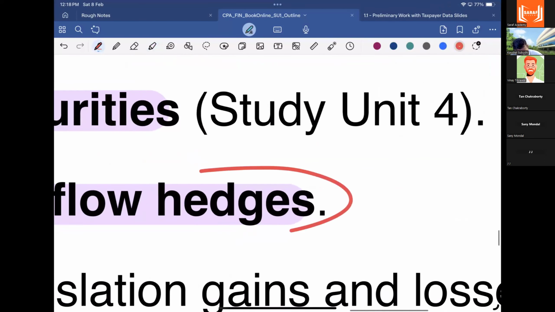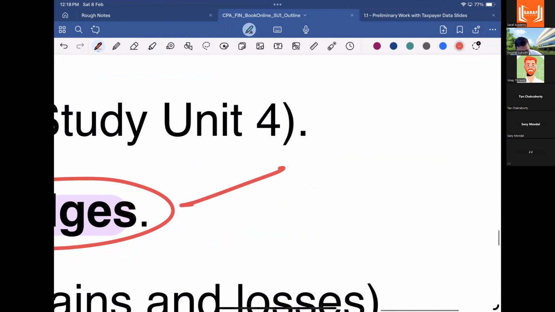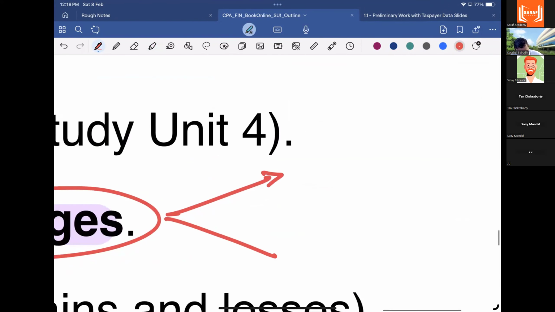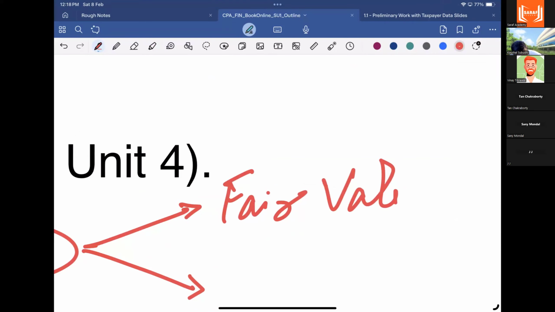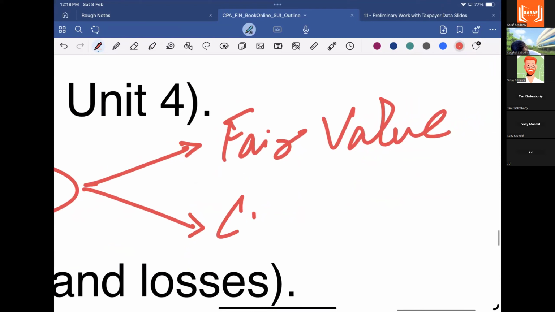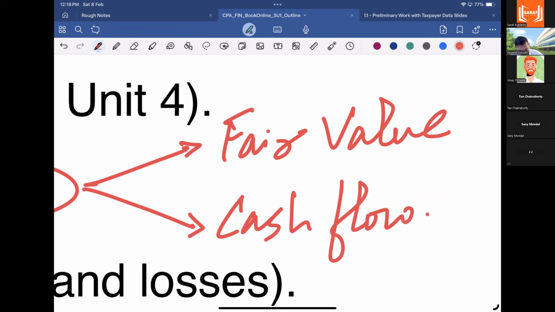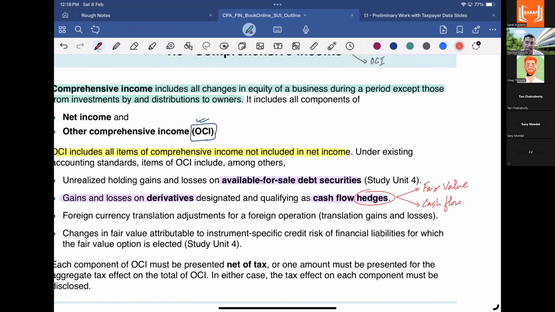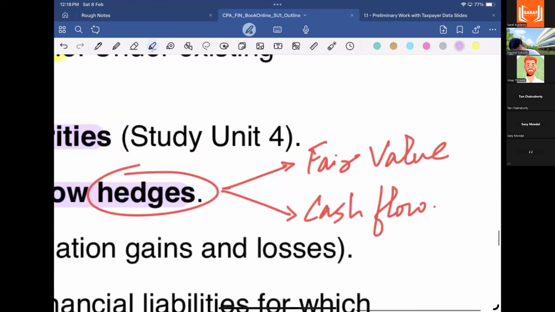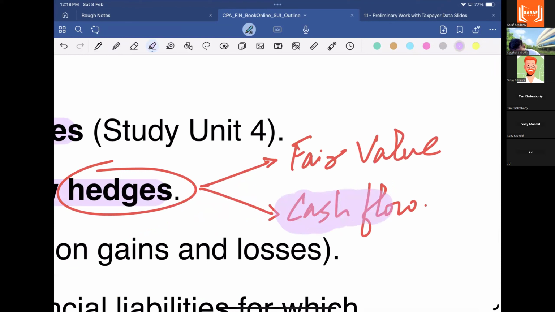So hedges जो होता है, अब जहाँ पे आप फाइनेंशियल अकाउंटिंग और रिपोर्टिंग में पढ़ोगे, hedges दो किस्म के होते हैं. एक होता है fair value hedge और एक होता है हमारा कैश फ्लो हेज. तो जो फेयर वैल्यू हेज है उसमें जो भी गेन्स लॉसेस होता है उसको हम यहाँ पे नहीं लेते, मगर हाँ, अगर जो कैश फ्लो हेजेस होता है तो वो सर हम यहाँ पे लेते हैं.